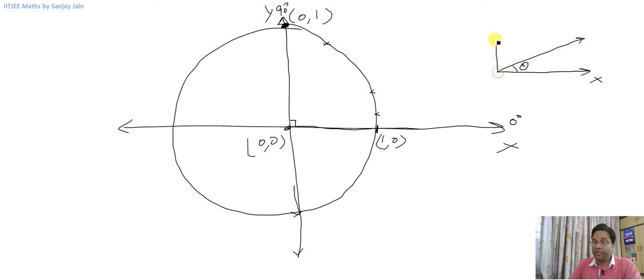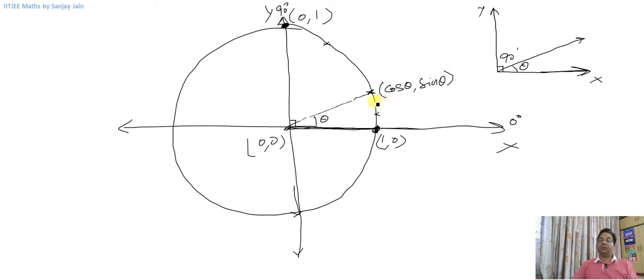So when there is a vertical line, that is the y-axis, it makes an angle of 90 degrees. All right, so the x-axis makes 0 degrees with itself. So this line corresponds to 0 degrees, and we know the coordinates of this point are 1, 0. We also know that if this angle is theta, then this point has coordinates cos theta, sine theta.